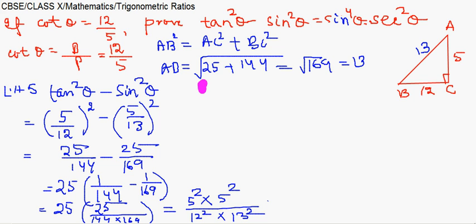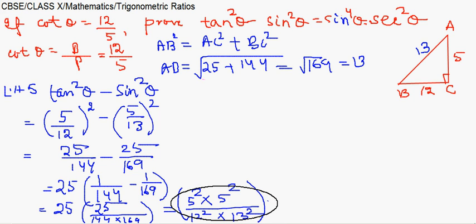I'll let the left hand side be this, or I can just make a mark. I need to get the RHS as this to prove that the LHS and RHS remain the same.